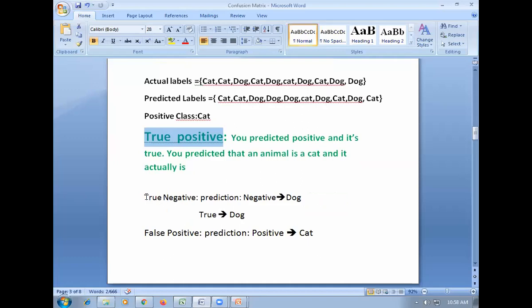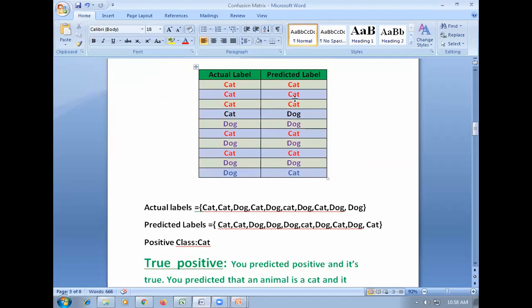Then next, that is true negative. What is true negative? The prediction is negative, that means the predicted value in this case is negative, which is nothing but dog, and that is also true. Now here, how many times has dog been predicted? Four times dog has been predicted: 1, 2, 3, and 4.